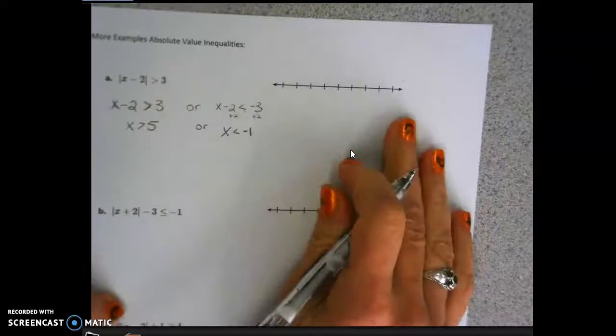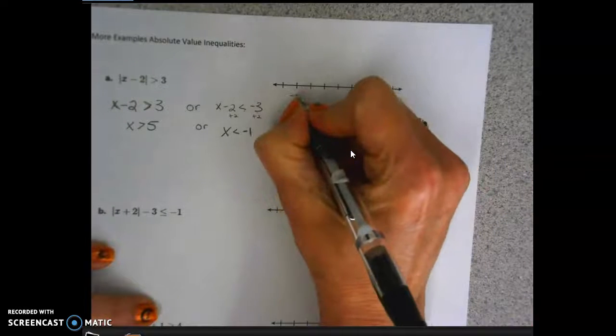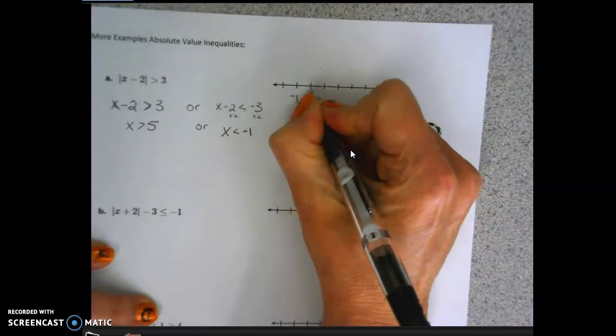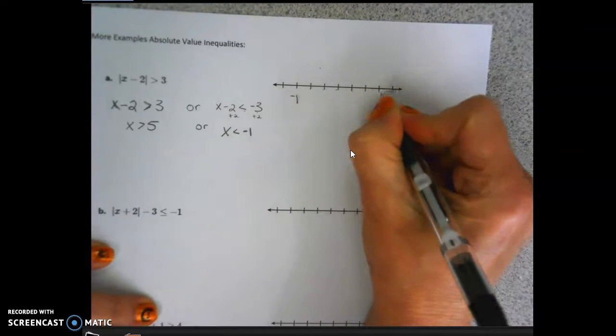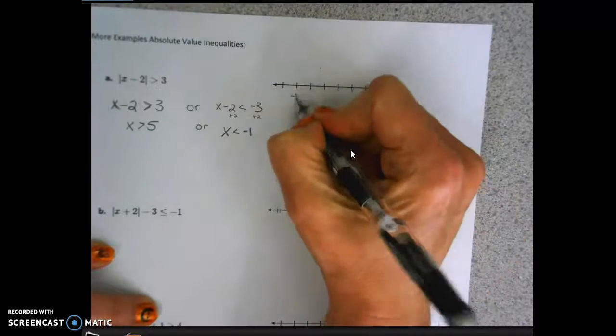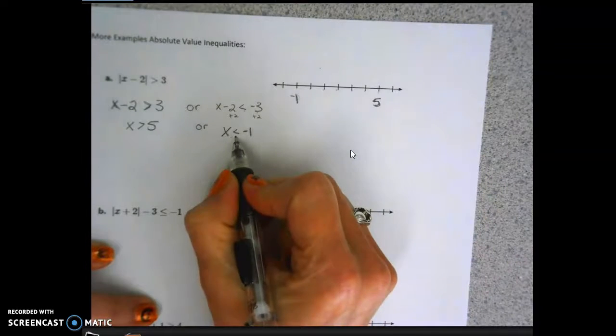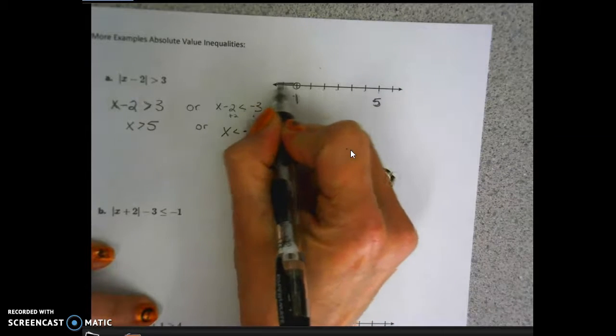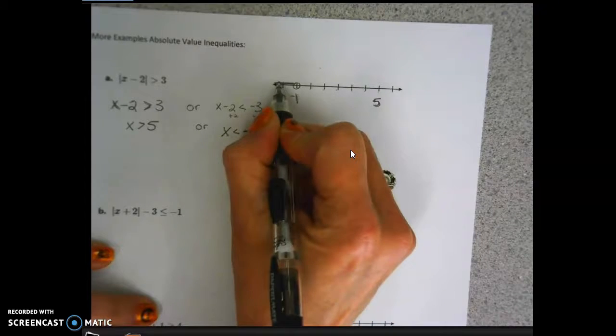So I go to my number line. I'm going to mark off negative 1. Almost wrote negative 2. Negative 1, 0, 1, 2, 3, 4, 5. I know x can be less than negative 1, not equal to, so that's an open circle shaded to the left.